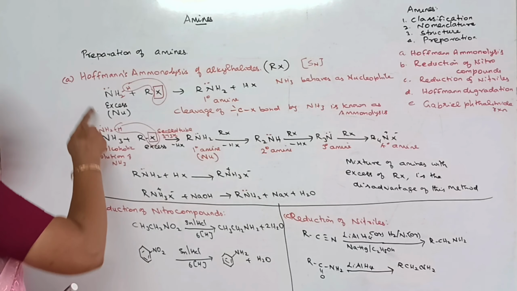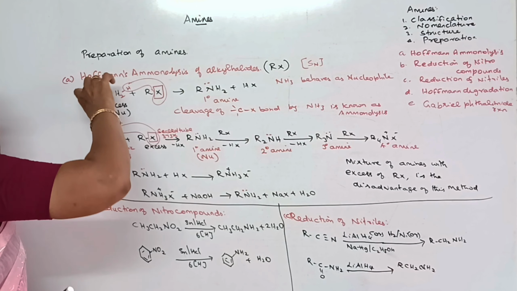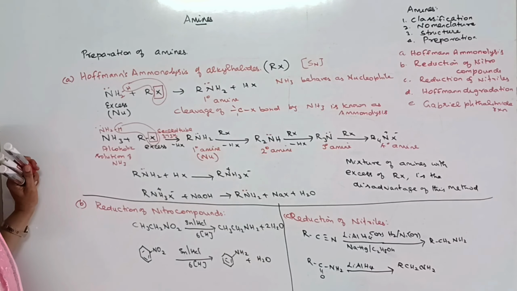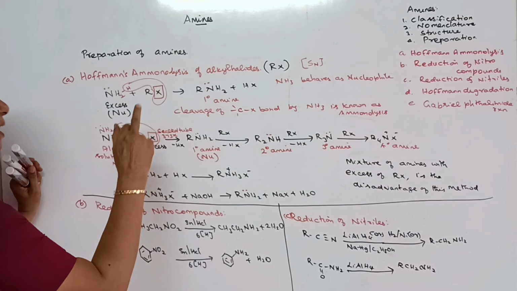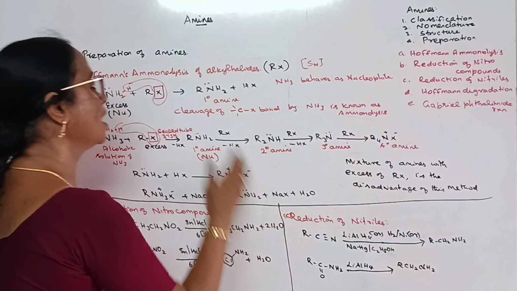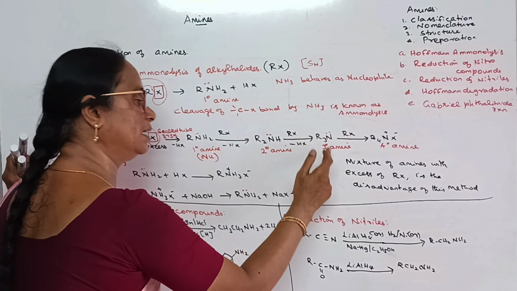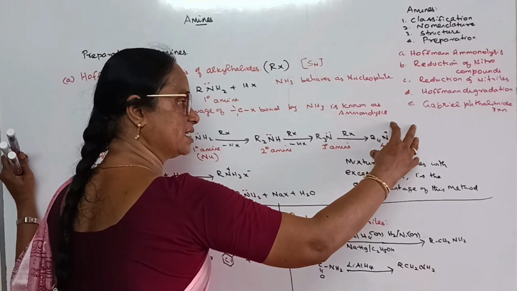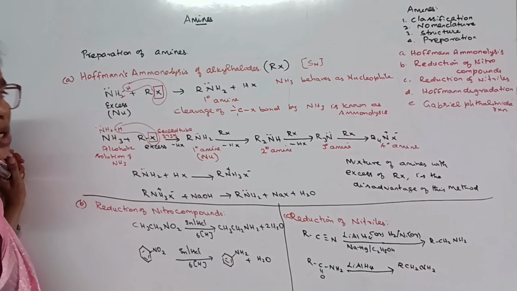So this is the main difference between the reaction with excess ammonia and the reaction with excess alkyl halide. With excess alkyl halide, we get the formation of primary, secondary, tertiary and quaternary amines. Once the quaternary amine is formed, the reaction stops.